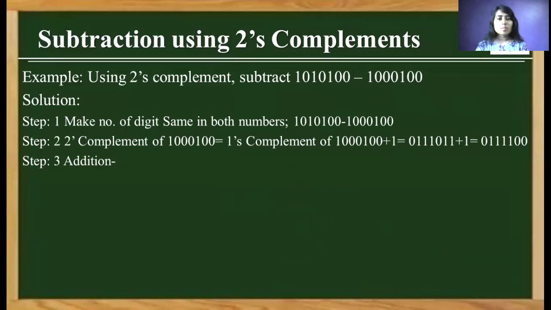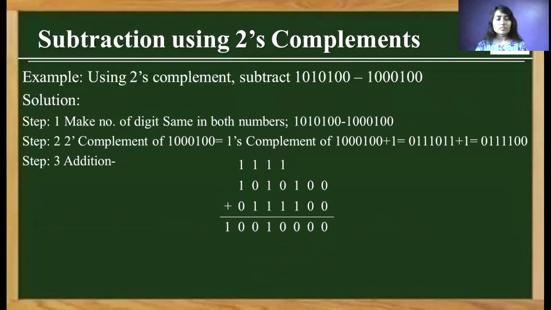Then perform addition. So here is the binary addition. 0 plus 0 is 0, 0 plus 0 is 0, 1 plus 1 is 0 sum, 1 carry, 1 plus 1 is 0 sum, 1 carry, then 1 plus 1 is 1 as a sum and 1 as a carry.